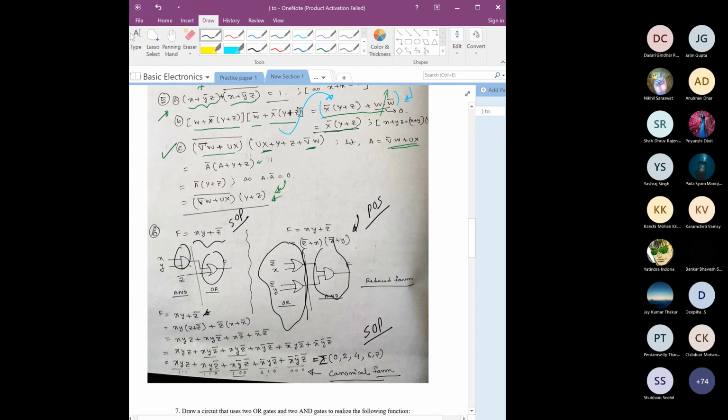Sum of products means first you take all the products and then sum them up. Sum means basically OR operation. But if you have to express it in SOP canonical form, then also you know how to do that, right? So canonical form means each term in here has to contain all three variables x, y, z, and it is completely straightforward. You can do that.